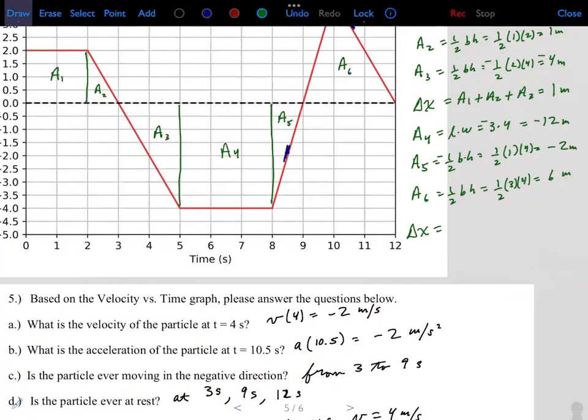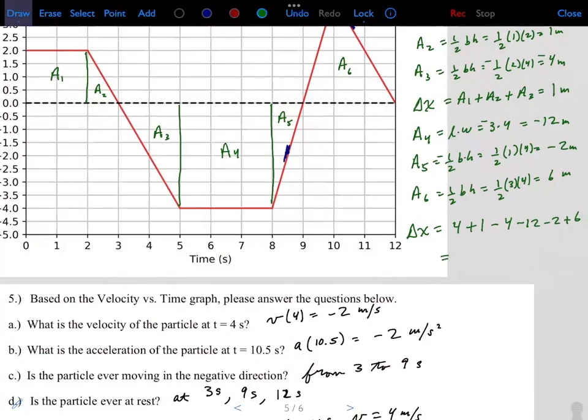So now if I want delta x over the entire 12 seconds, I have to add all those areas, right? So this will be 4 plus 1 minus 4 minus 12 minus 2 plus 6.